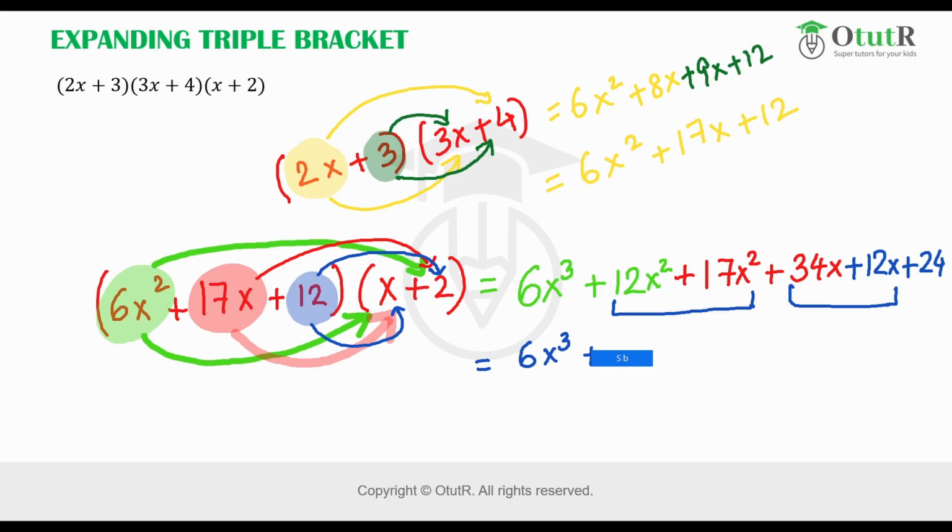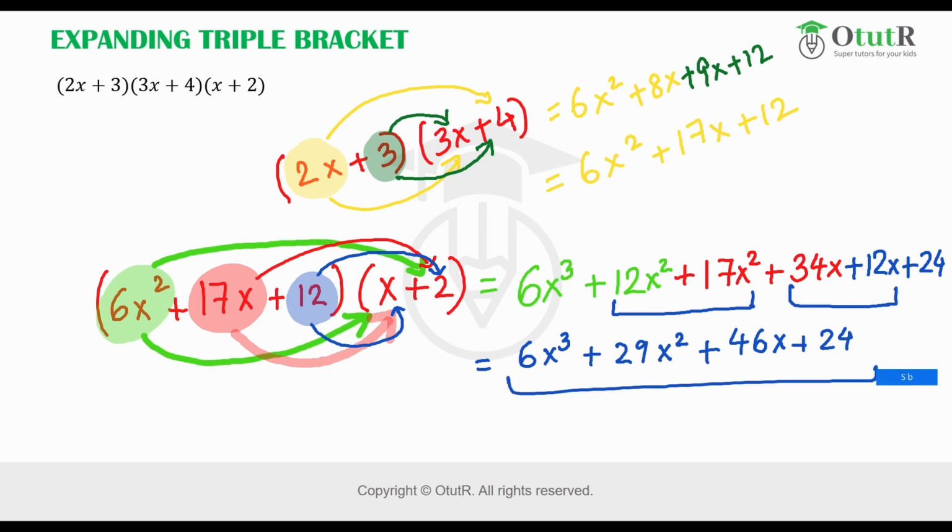If we add 12 and 17, we get 29, so 29x squared, plus, if we add 34 and 12, we get 46, so 46x plus 24. So this is the answer.